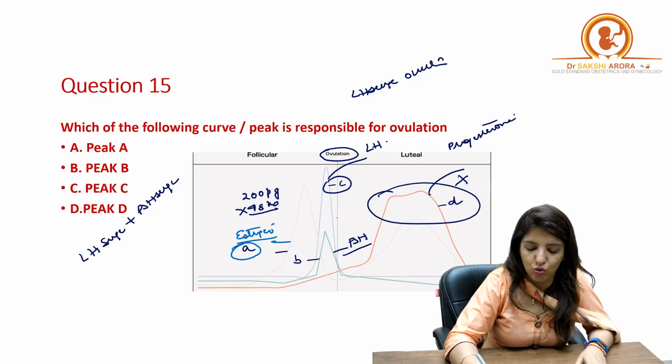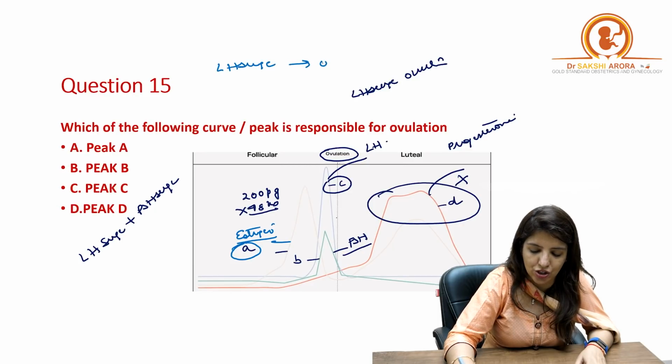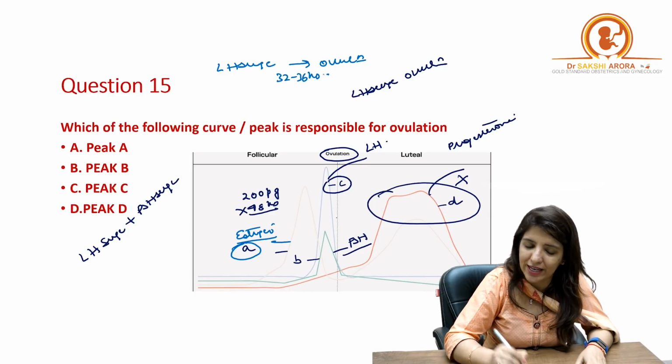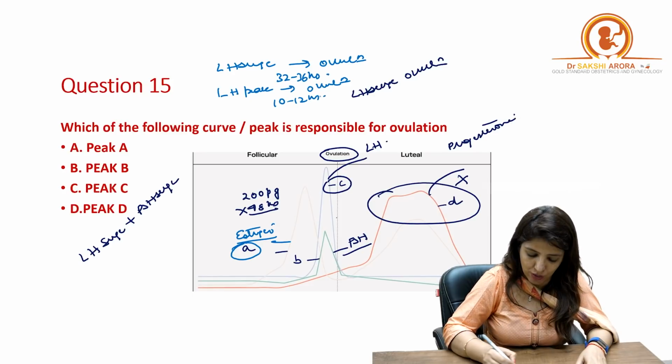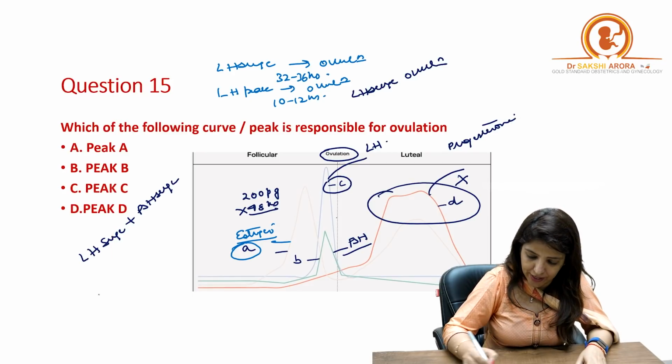Now, if I ask you what is the time interval between LH surge and ovulation, your answer will be 32 to 36 hours, right? But if I ask you what is the time interval between LH peak and ovulation, then your answer will be 10 to 12 hours. So this is the point.